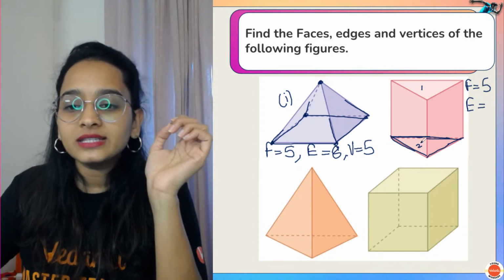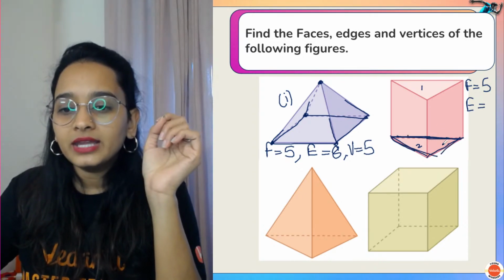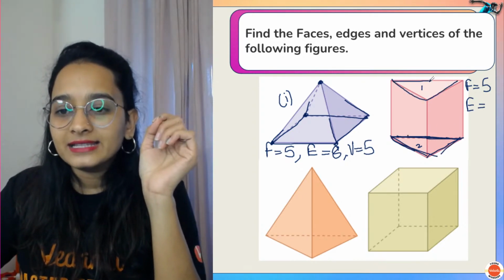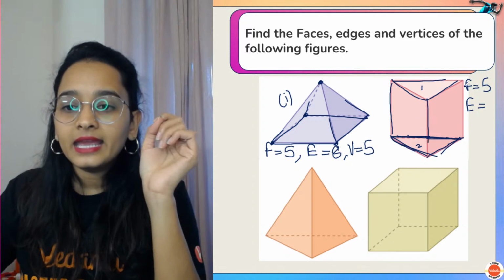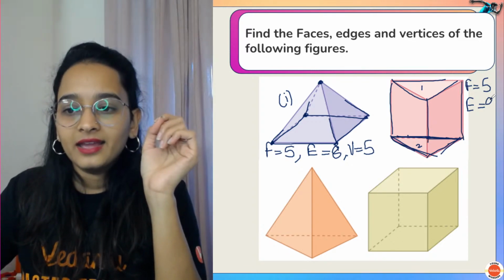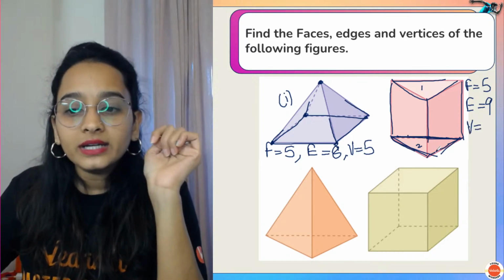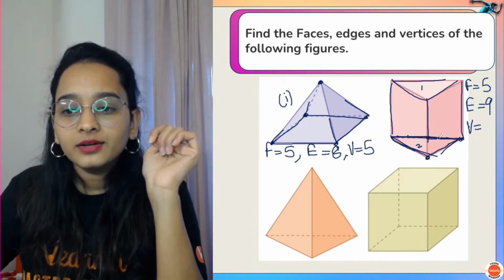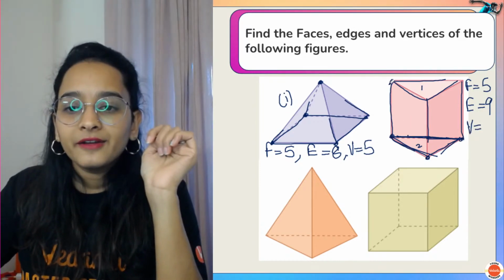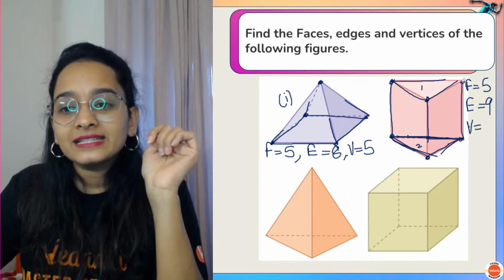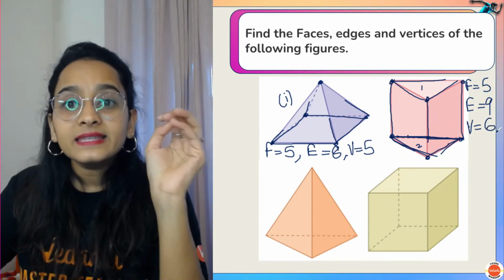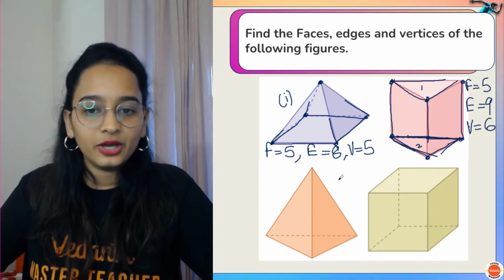How many edges? 1, 2, 3, 4, 5, 6, 7, 8 and 9. We have 9 edges, and then how many vertices are there? 1, 2, 3, 4, 5, 6. There are 6 vertices.